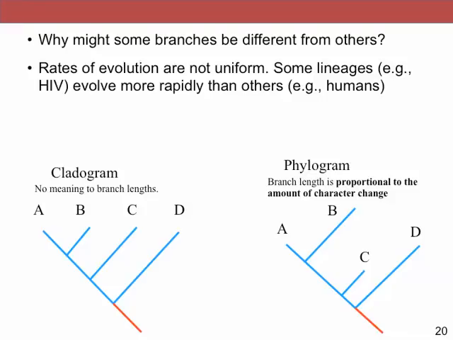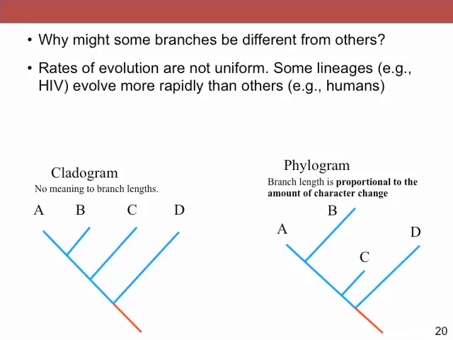So just like with different probabilities of different changes, like transitions and transversions, if you were building an evolutionary tree of organisms and some of them evolved really rapidly, like HIV, and some of them evolved really slowly, you might want to count any changes that occur in the lineage that evolves rapidly in sort of the same way that we were counting transitions.